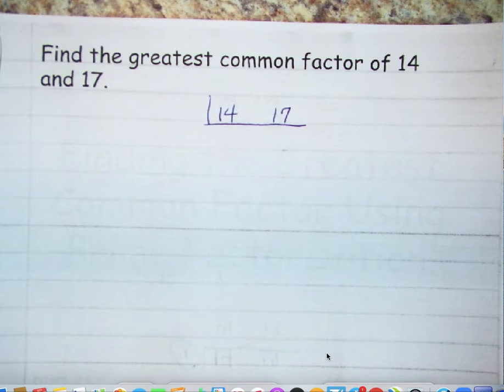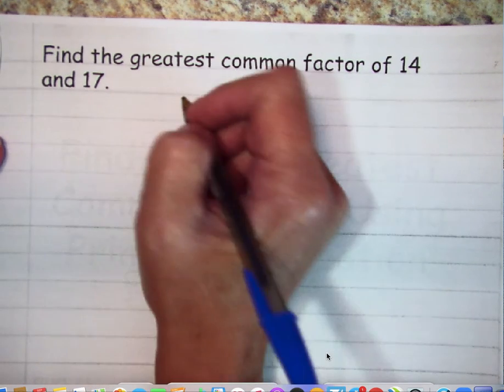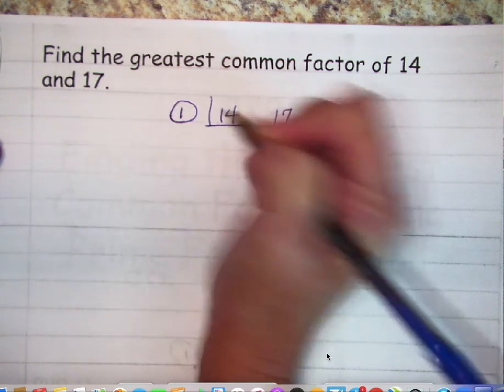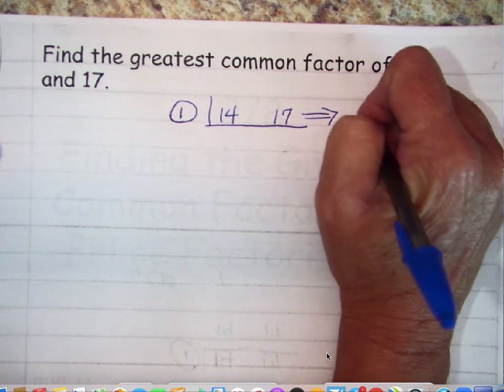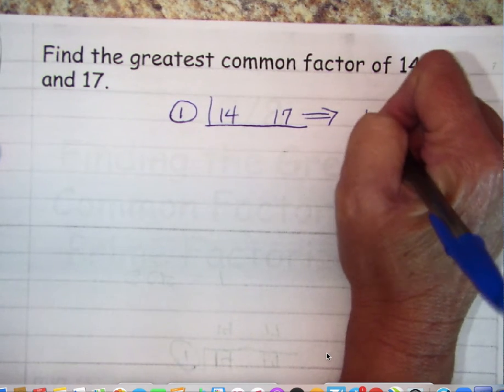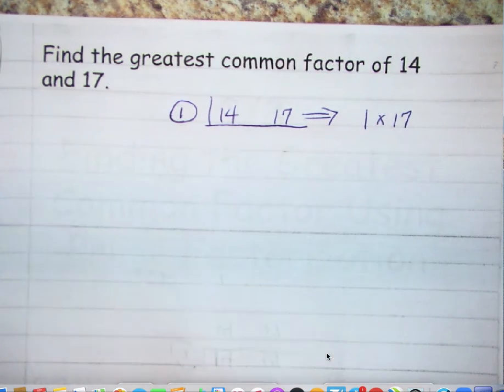The only thing that both 14 and 17 are divisible by is 1. The only way that you can get 17 is 1 times 17. 17 is what we call a prime number, okay?